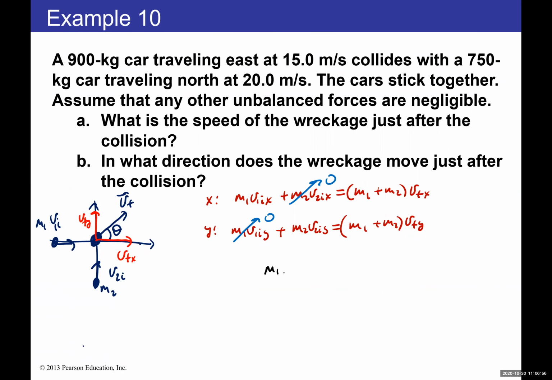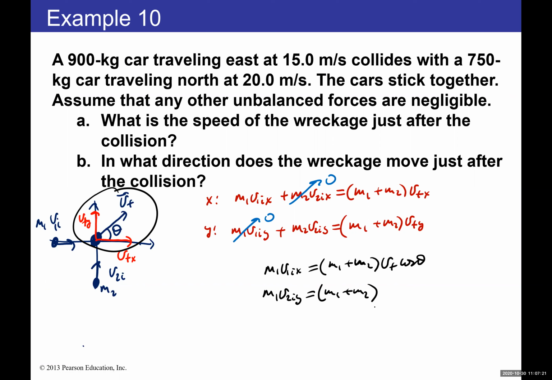So it's basically m1 v1 initial x equals m1 plus m2 times v final x. What is v final x? Well, using this, I can see that this is just v final cosine of theta. All right, then the second equation becomes m2 v2 initial y equals m1 plus m2 times v final y.